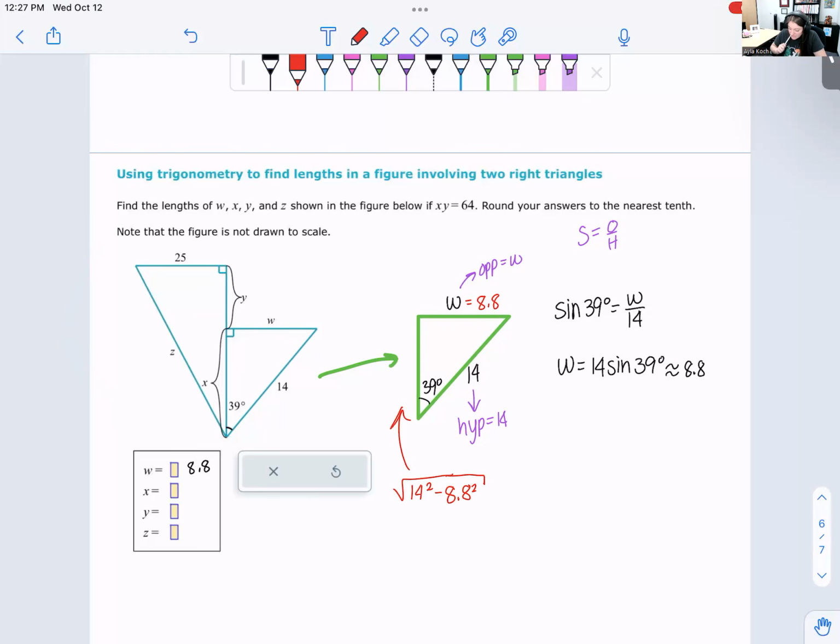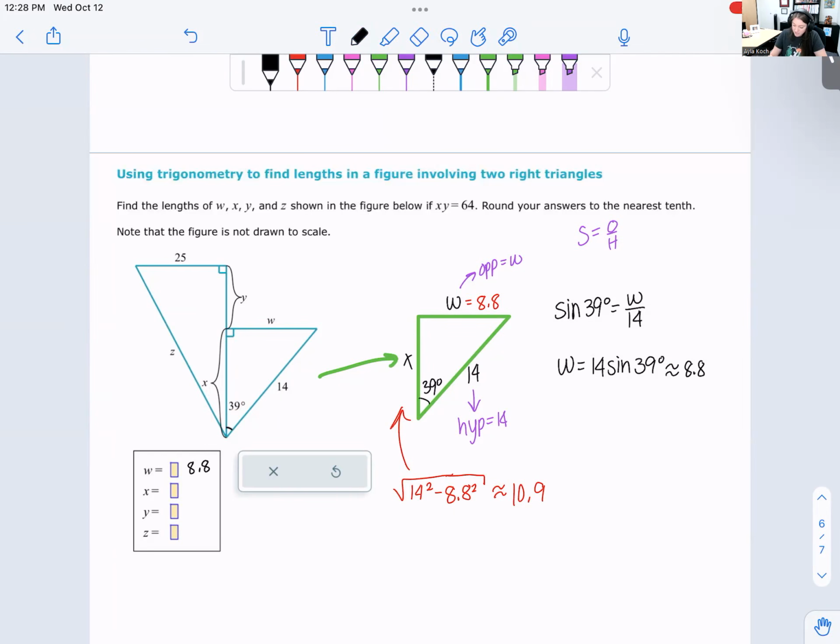I'm assuming they're going to be very lax on the rounding here because it's telling me to round. So hopefully this doesn't mess up my numbers. 14 squared minus 8.8 squared. That's giving me a side length of 10.9. So I used the Pythagorean theorem to find this side length here, which is X.